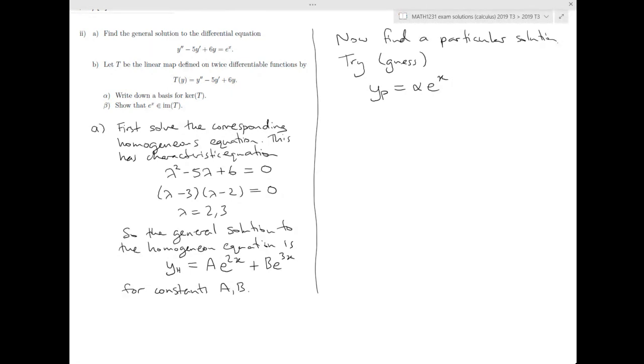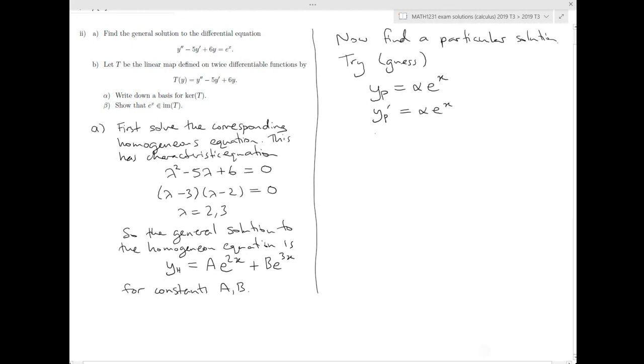If it had been, the standard trick perhaps is to multiply by x and then try again and see if that is now no longer part of the homogeneous equation solution. Okay, so this one's probably going to work. If we've made this guess, this is just about the easiest possible example.